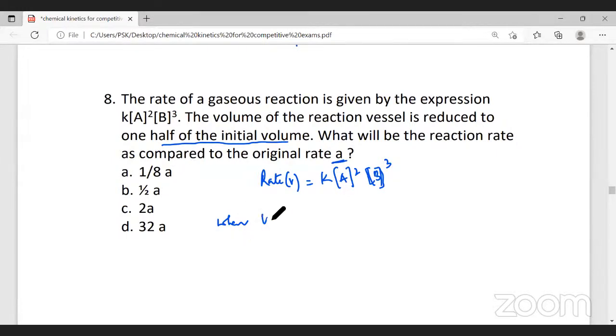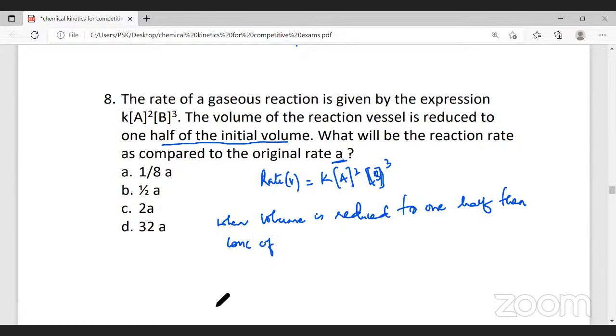What is Boyle's law? Sure, the pressure increases. How much? When you decrease the volume by 50%, the pressure has to double. Here also the volume is decreased by 50%.